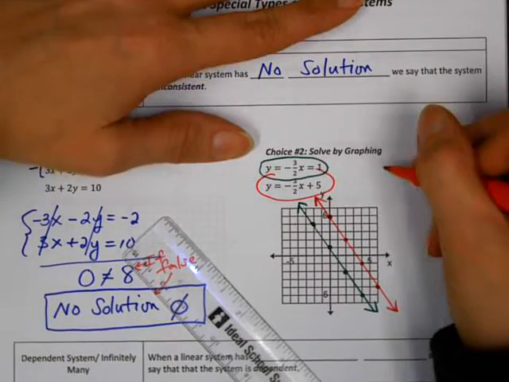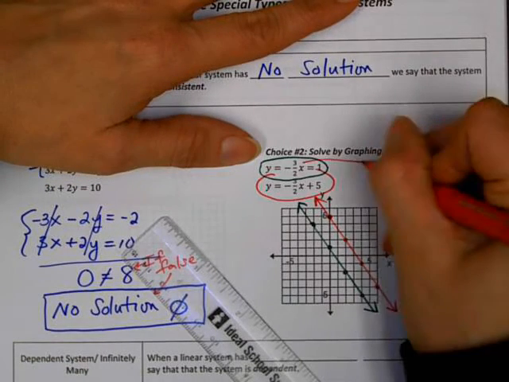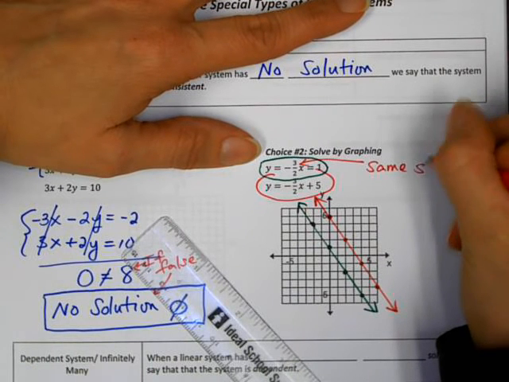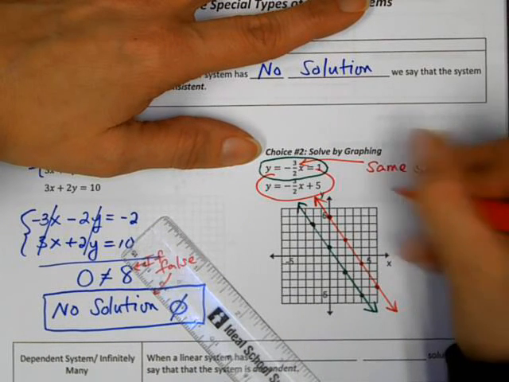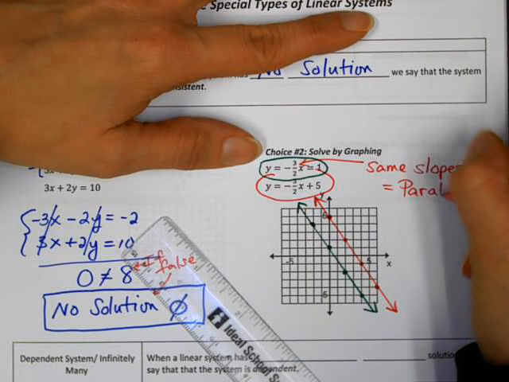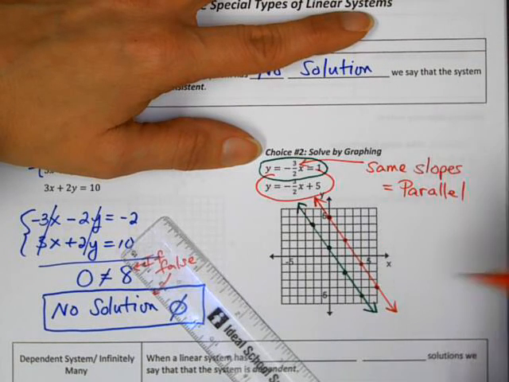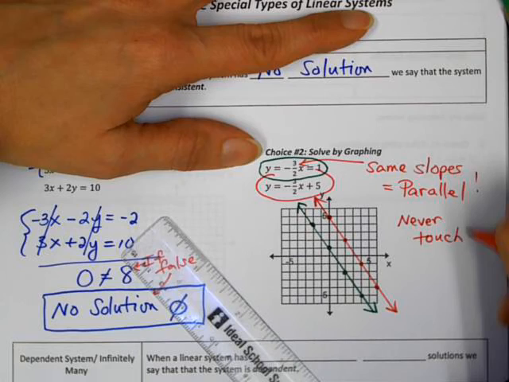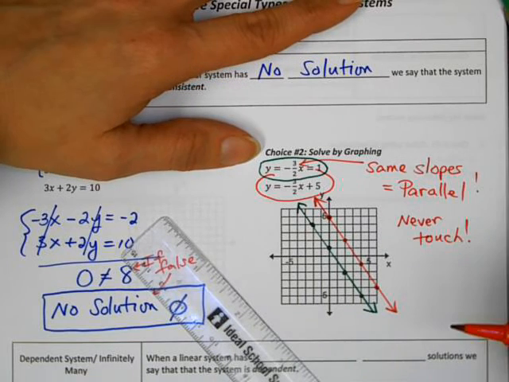These lines have the same slopes. If they have the same slopes, that means that the lines are parallel, and parallel lines never touch. You could graph all day long, but they're never going to intersect.